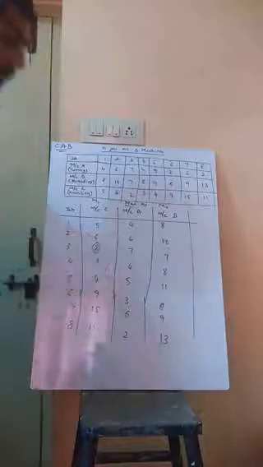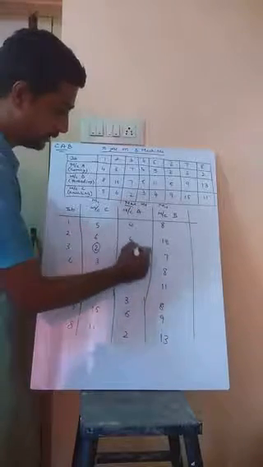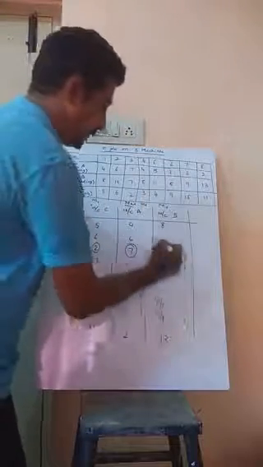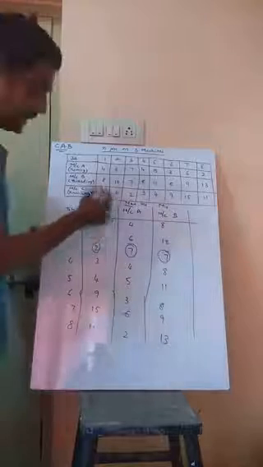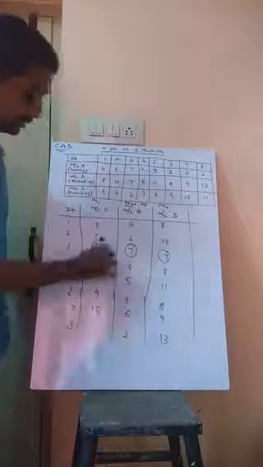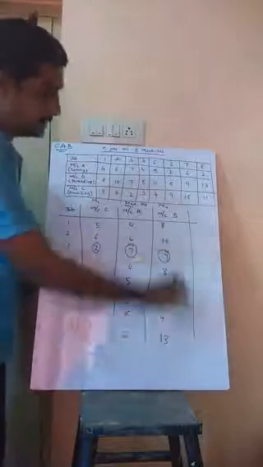The maximum value in the center one is 7, and the minimum value in machine B is also 7.